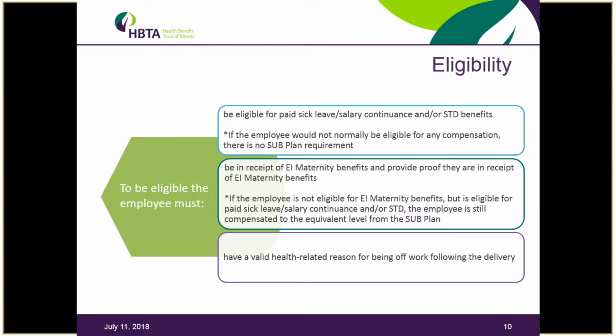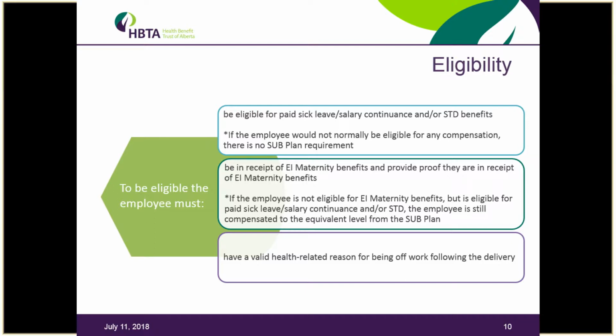The employee also must be in receipt of EI maternity benefits and provide proof that they are in receipt of EI maternity benefits. If the employee is not eligible for EI maternity benefits, and I'm not talking about those employees who actually refuse to apply for them, although I don't think that happens very often, but is eligible for paid sick leave or salary continuance or STD, the employee is still compensated to the equivalent level from the subplan.